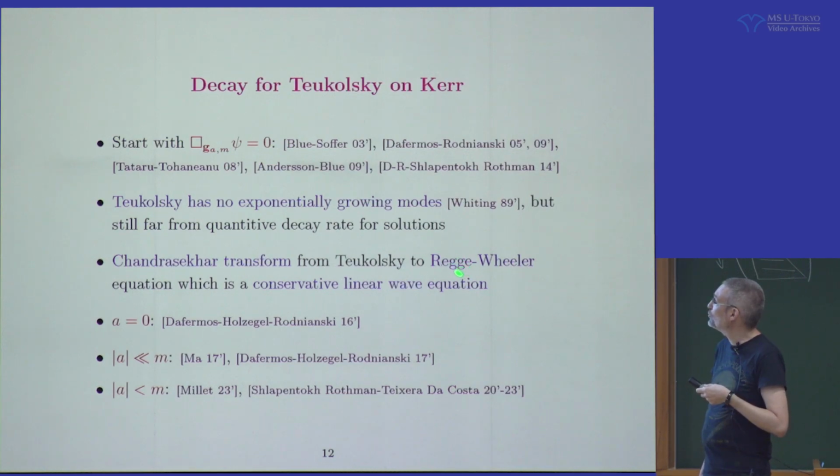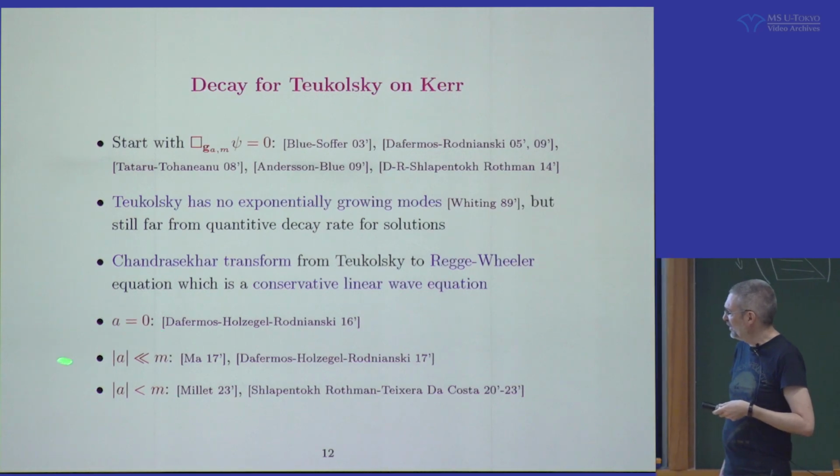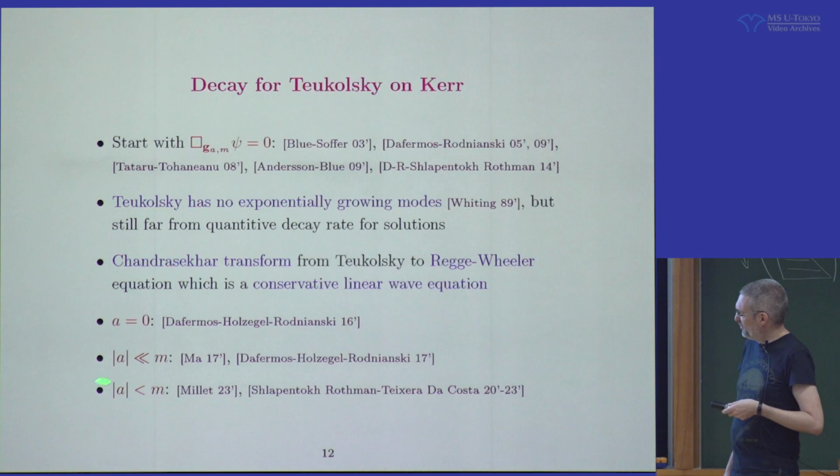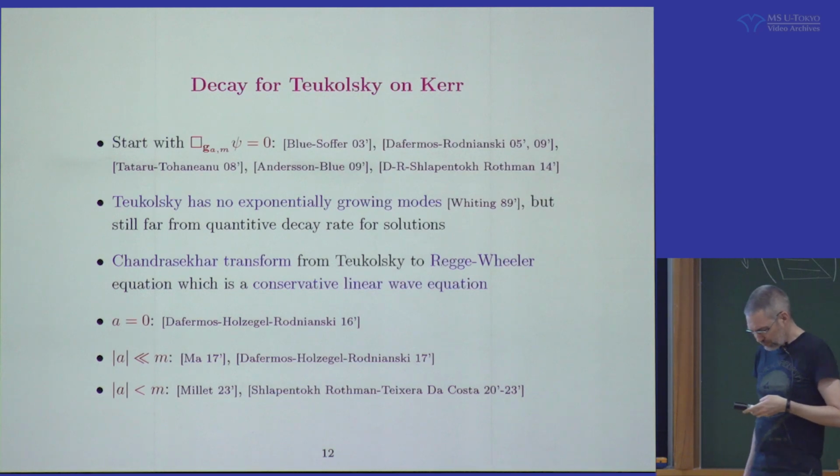And this is in fact what you do, and this was the key idea in the work of Dafermos-Holzegel-Rodnianski that proved decay of Teukolsky on Schwarzschild, in other words, Kerr for zero angular momentum, and then this was extended recently to the small angular momentum case, and then to the full subextremal case.